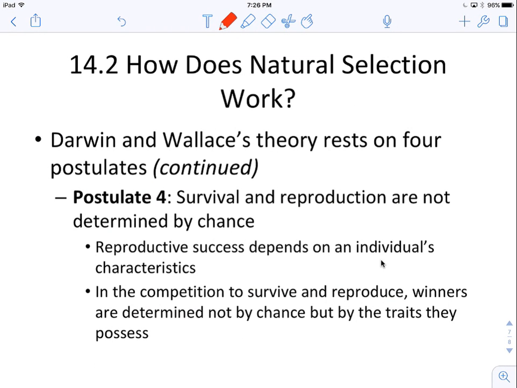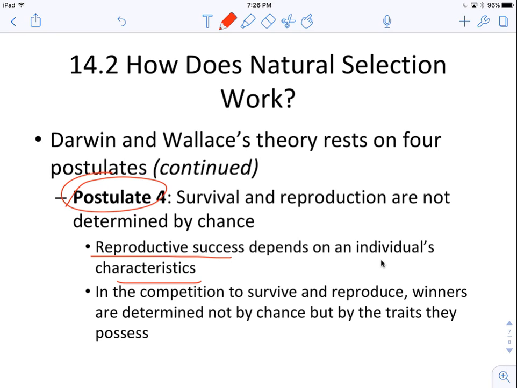And the last postulate, postulate number 4, survival and reproduction are not determined by chance. Okay, there are underlying factors that determine reproductive success. That reproductive success relies on the characteristics of an individual, those traits that they inherited from their parents.